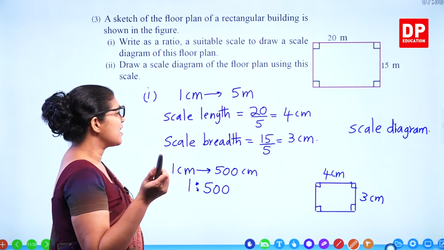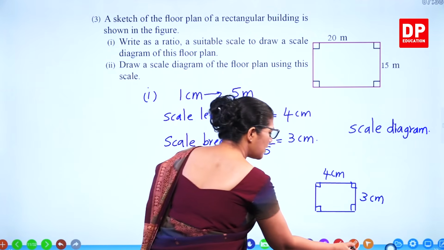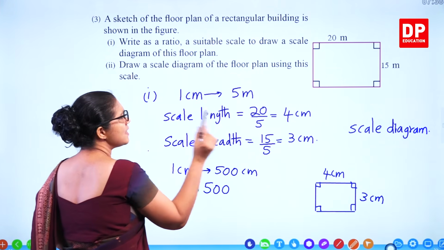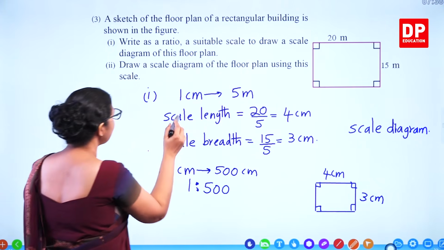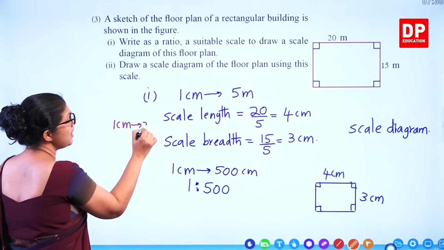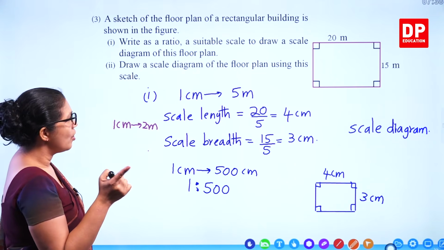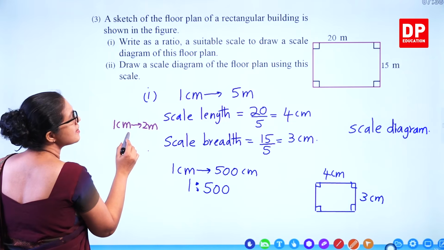If you think this is too small, you can take 1 to 200, or 2 meters. 1 centimeter represents 2 meters. That means 1 to 200 ratio. What are the lengths you get?